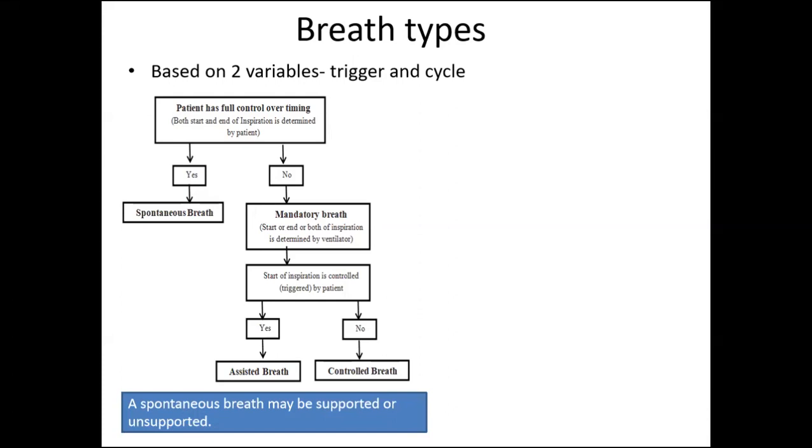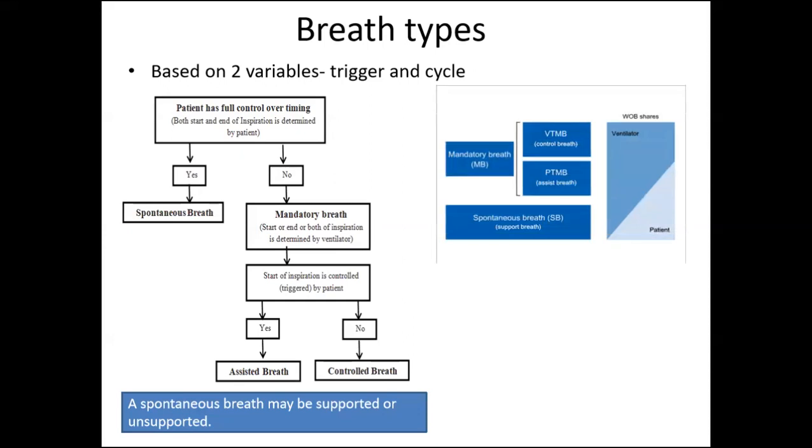In spontaneous breath, it can be supported or unsupported. If the ventilator supports the spontaneous breath, like pressure support mode, it is a supported breath. Or the patient triggers the breath and stops the breath, but the ventilator is not giving any support for it. It's an unsupported breath. We'll see the difference between supported and unsupported breaths.